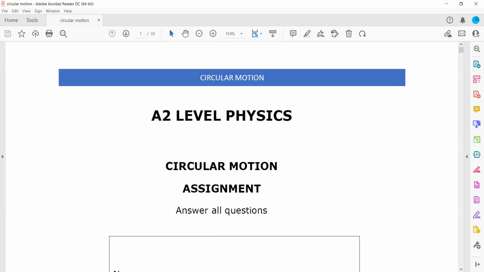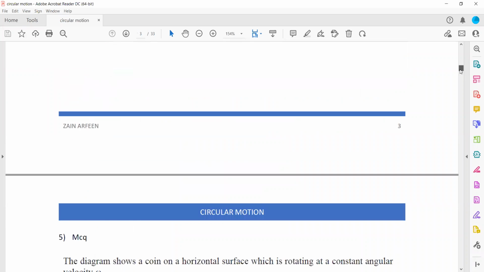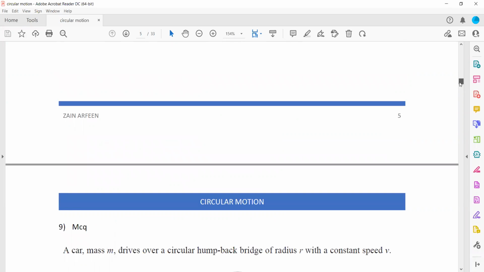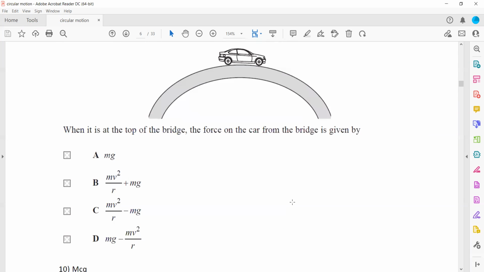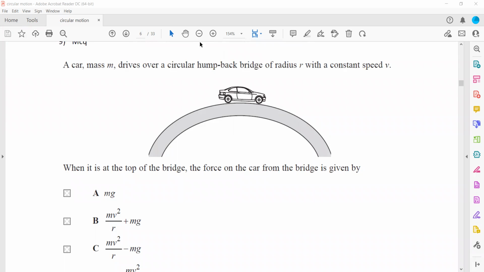So starting with question 9. In this question, a car of mass M drives over a circular humpback bridge of radius r with a constant speed v.